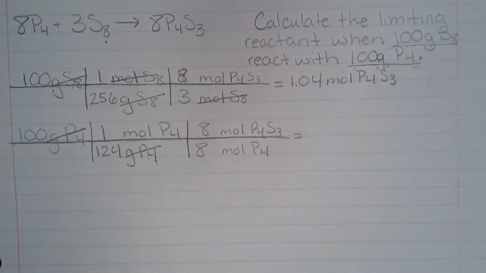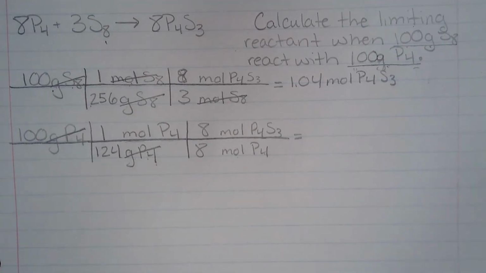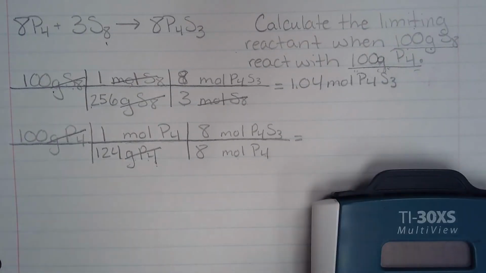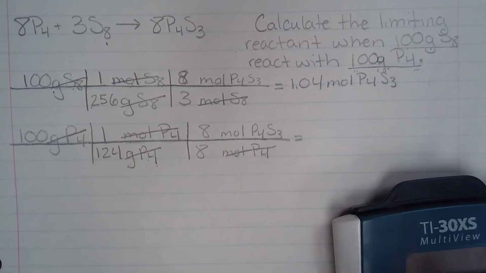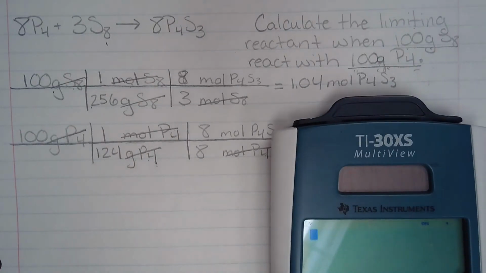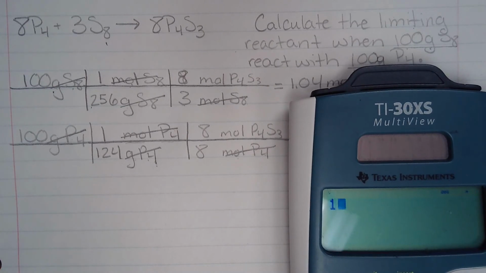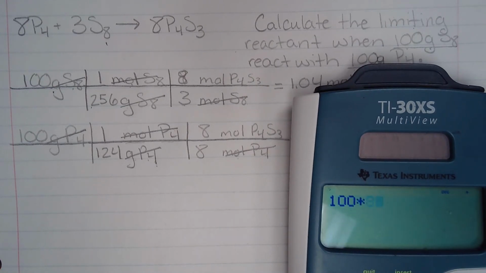If we plug this into our calculator, our moles of P4 can cancel out. So we put into our calculator 100 times 8. We're going to ignore the 1. And we're going to divide by 124 times 8.